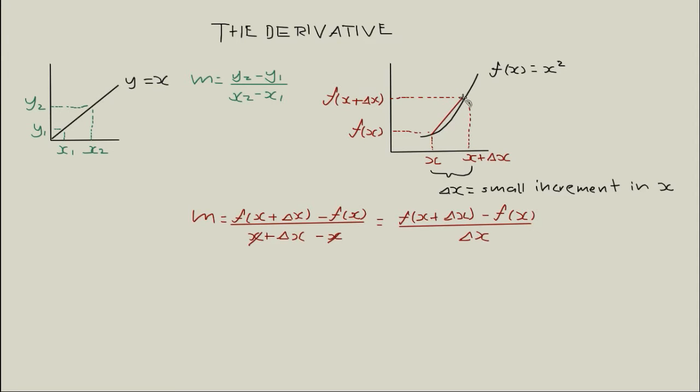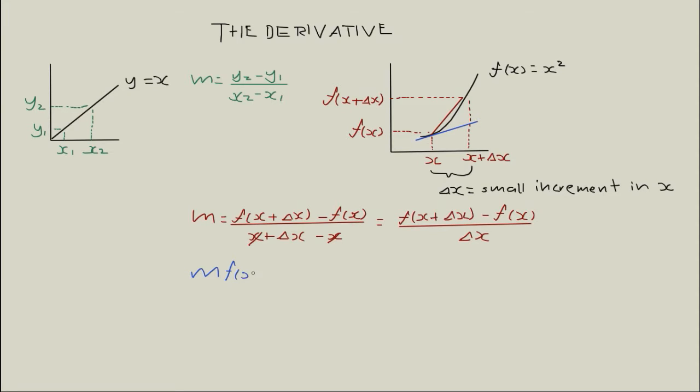To calculate the slope of the curve, we are going to make the second point closer to the first by making delta x approach 0. And at that point, the slope of the curve will be equal to the slope of the tangent line touching the curve at that point.